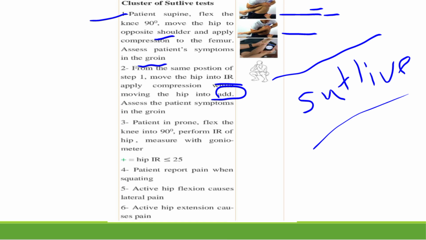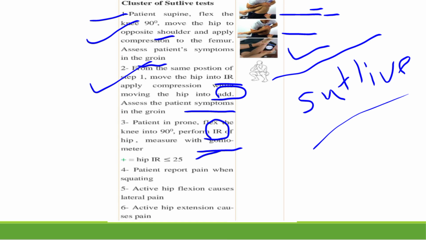Assess the patient's symptoms in the groin. These are the 2 tests. The third test is with the patient prone. Flex the knee to 90 degrees, also perform internal rotation of the hip and measure the range of motion with the goniometer. The sign is positive if the hip internal rotation is less than or equal to 25 degrees.